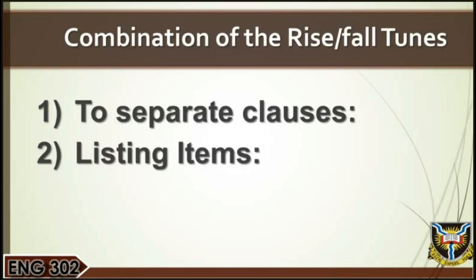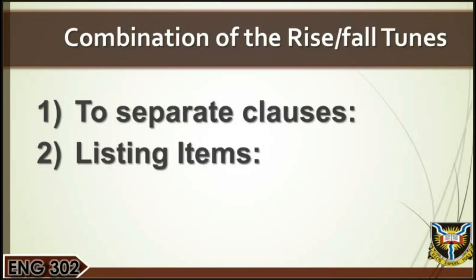Listing items: He bought a pair of shoes, some clothes, and ties. To separate clauses: Before he left for Abuja, he sent me a text message. Listing items: She got some pencils, erasers, and biros.